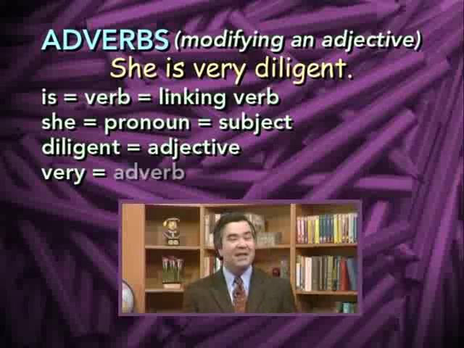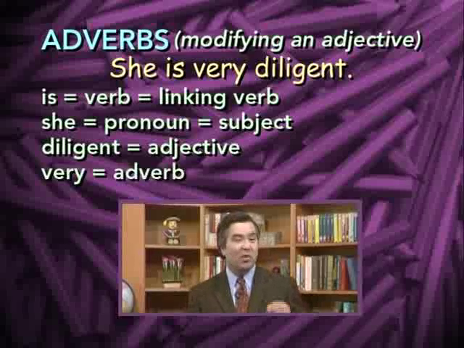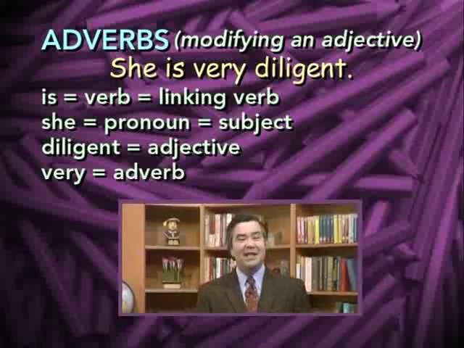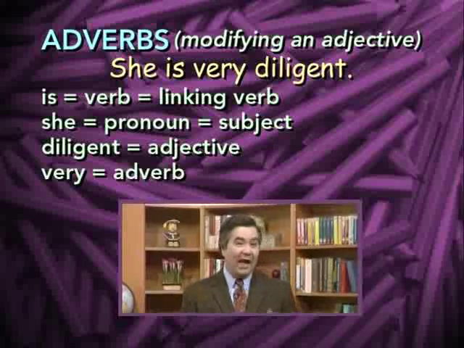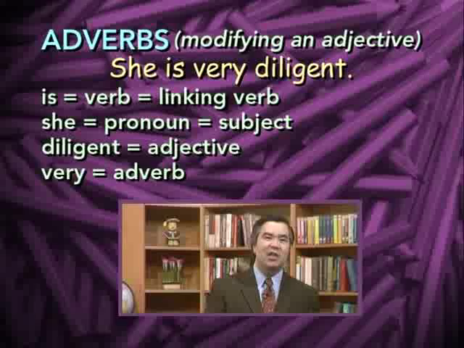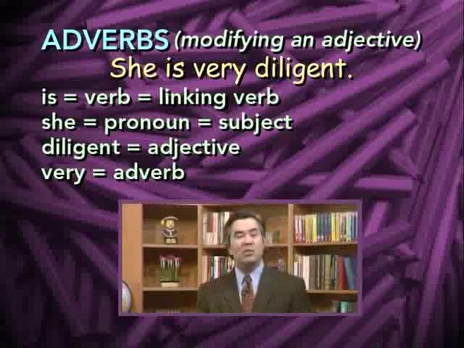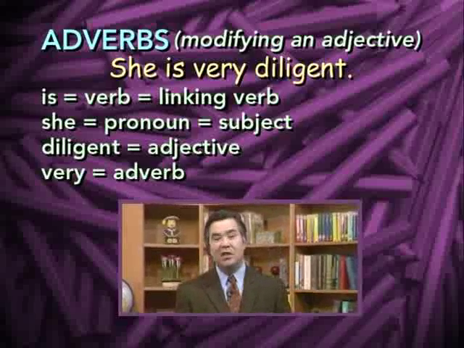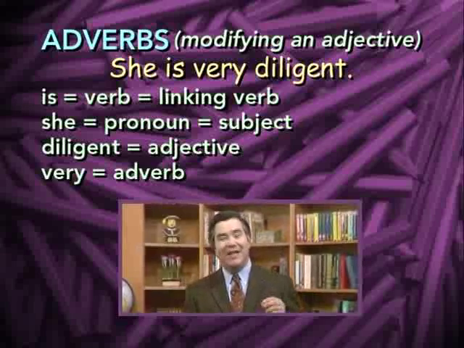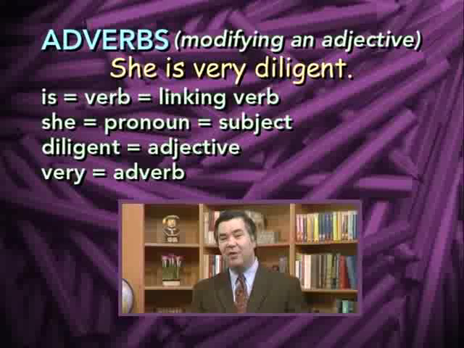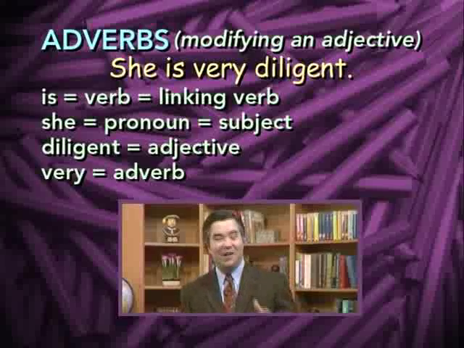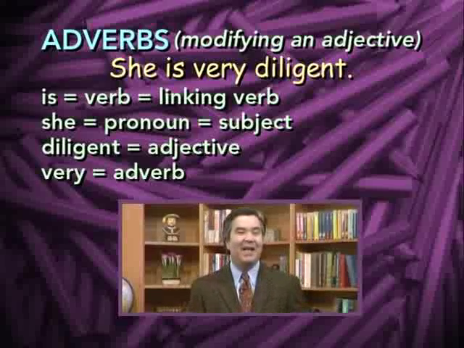Well, very is an adverb which modifies or gives more information about the adjective diligent. How diligent is she? Very diligent. So very gives us more information about the adjective diligent. Therefore, very is an adverb, because remember, another one of the roles that an adverb can play is to modify or give more information about an adjective.